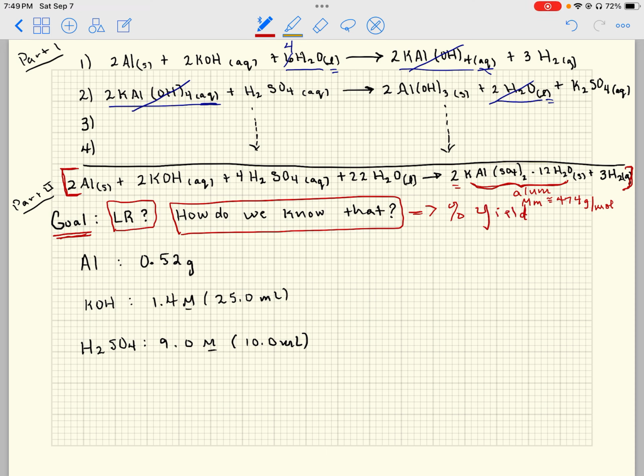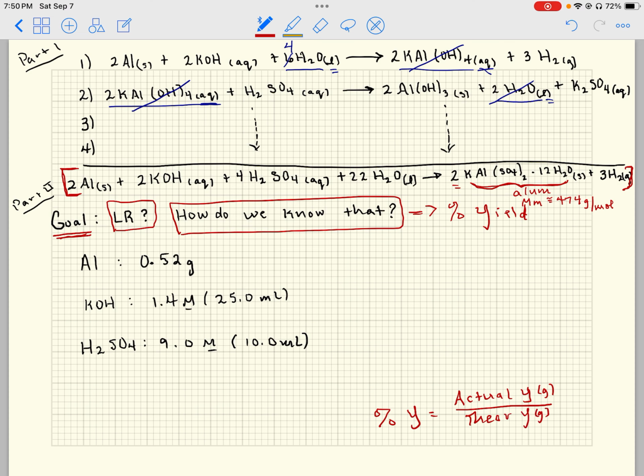And if you remember from class, when we talk in terms of percent yield, I'm going to bring it down here, that percent yield equation is equal to the actual amount of alum that you found, and that's the white powder that you made in lab. So you have that actual yield in grams, that's your experimental amount, divided by the theoretical yield in grams.